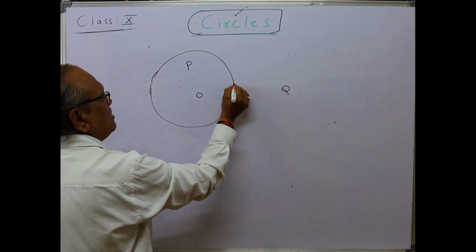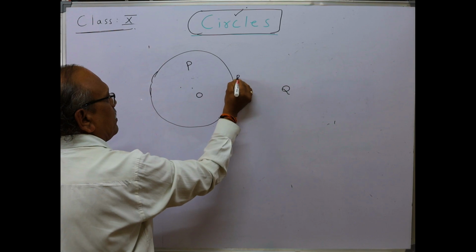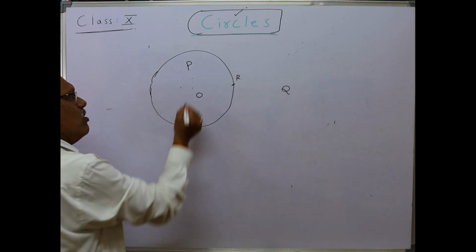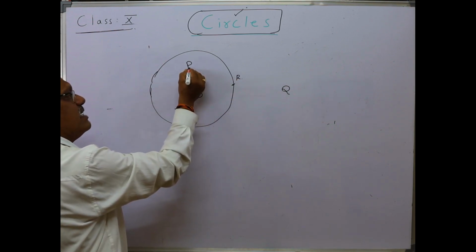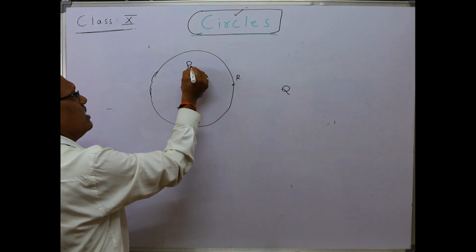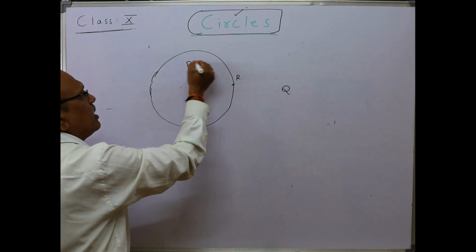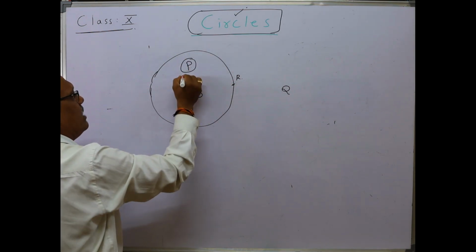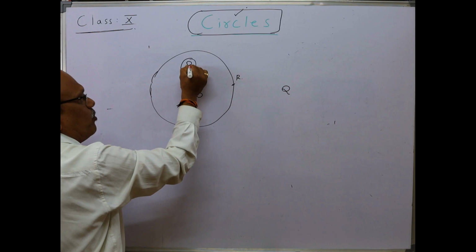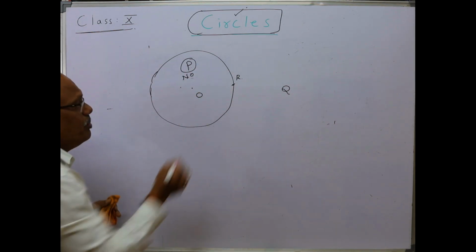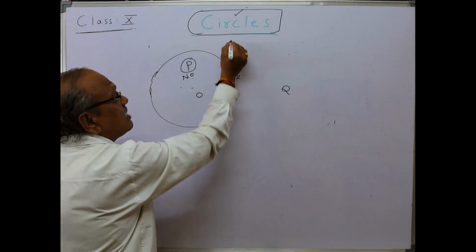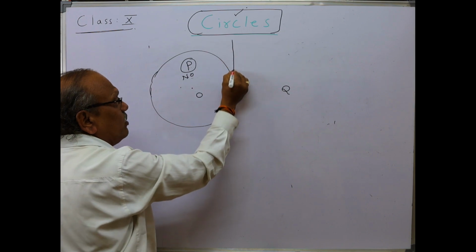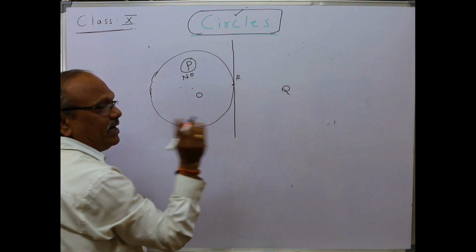Another point is on the circle. Say, how many tangents you can draw from any point inside the circle? No, because it is inside the circle, it will cut the circle. Therefore, it will not meet the circle. Therefore, no tangents can be drawn from any point inside the circle. How many tangents can you draw on the circle? One and only one tangent.